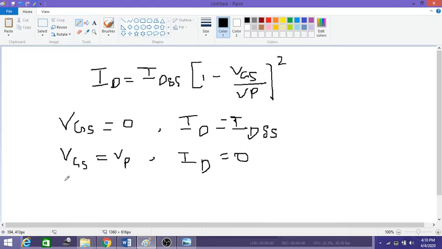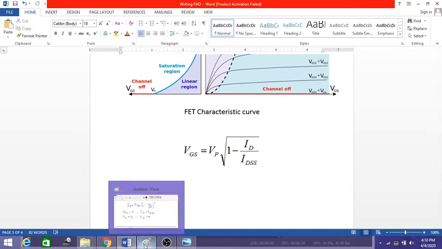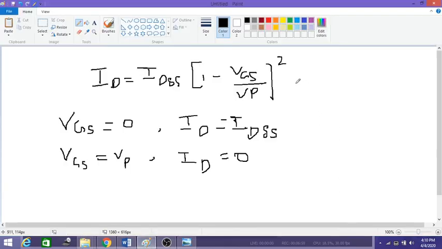Now another consideration is, we will take one more equation, that is the VGS equation. So VGS is equal to VP into root of 1 minus ID by IDSS. So let us take that equation. So VP is equal to, sorry, let me clear this section.